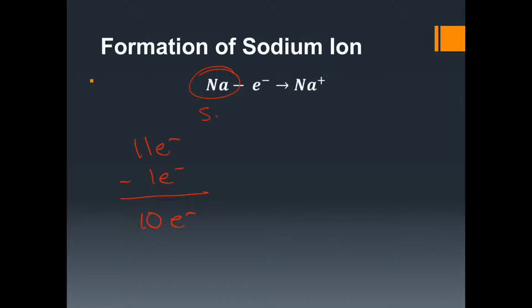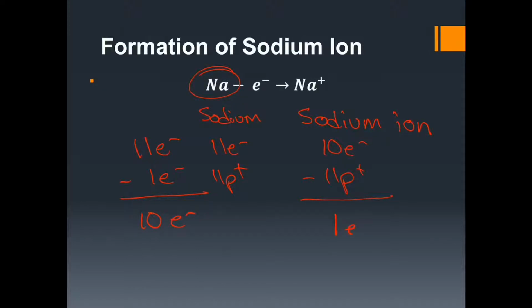So this is the sodium, and this is your sodium ion. This one has 11 electrons, 11 protons. This one has 10 electrons, 11 protons, which means we have 1 more proton than electron.